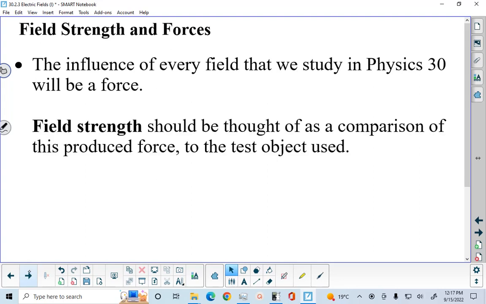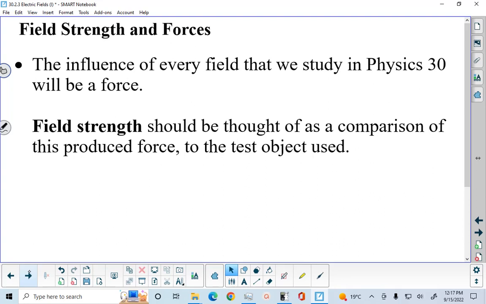Field strength should be thought of as a comparison of the influence, which is the produced force, to the test object used. And I'm going to come back to that in a little bit, but it's a very important idea. So the field strength for an electric field is going to be something that compares the electric force to charge, because charge is what's responsible for electricity.